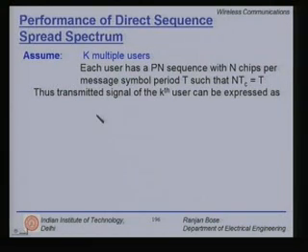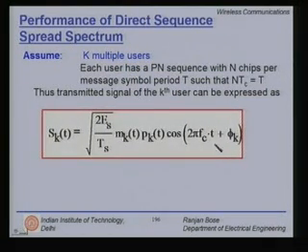Each user has a PN sequence with N chips per message symbol period T, such that N T_c is T. Thus, the transmitted signal of the kth user can easily be expressed as follows. We have seen this expression before. It is the kth message and the kth sequence p_k(t), and the other things remain the same, cos 2 pi f_c t plus phi k.